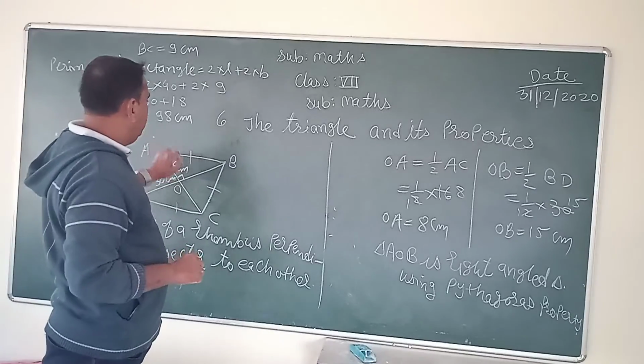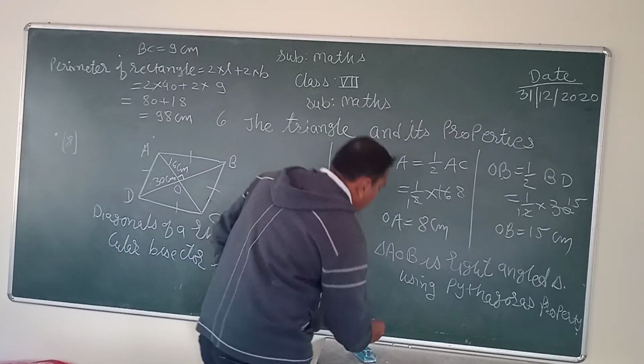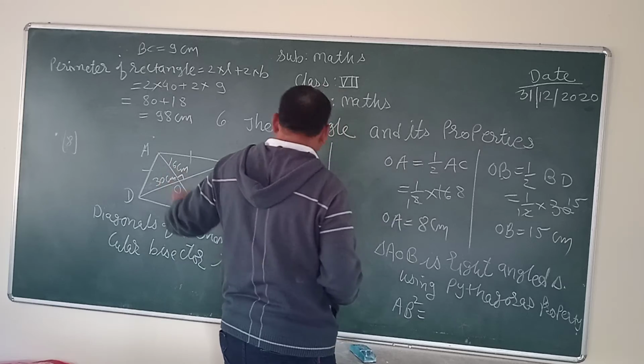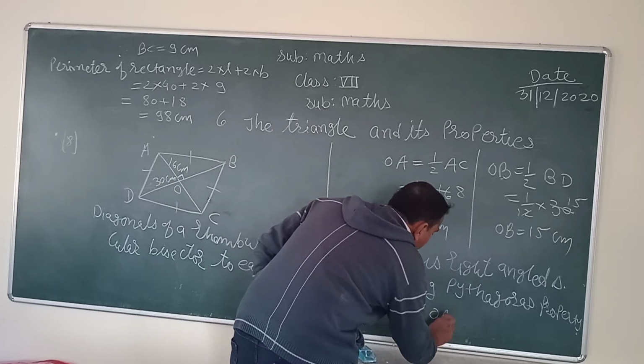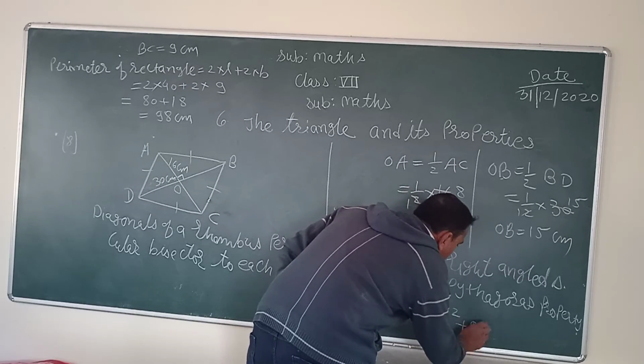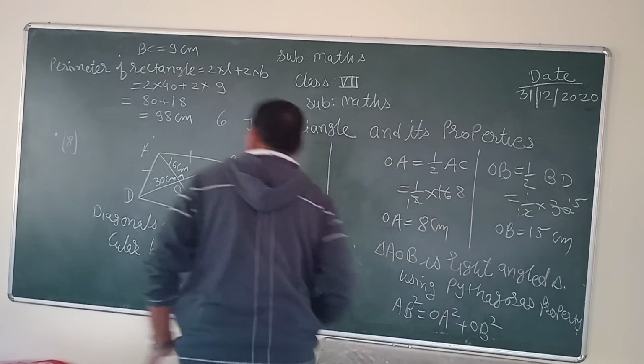So we start from this side, means square of hypotenuse means AB square is equals to OA square plus OB square.